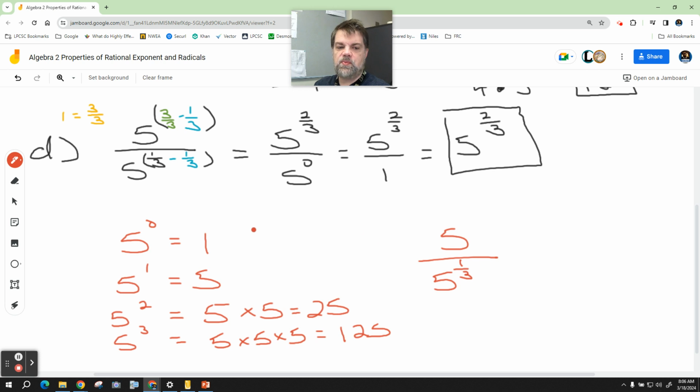So this property here, I don't know if you guys remember this, but if I have a to the m over a to the n, then what we're supposed to do is it's really a to the m minus n. But what Mr. Adams likes to do is I said, there's a shortcut.